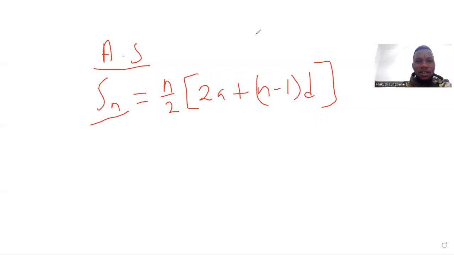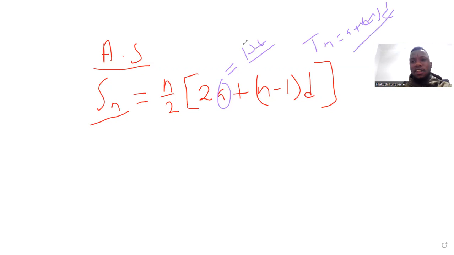Okay, and then a. Remember, this is the first term in your sequence, which we've covered in the previous lesson. It's the same a that you find in Tn equals a plus (n minus 1)d, the general term formula. So it's the same a.